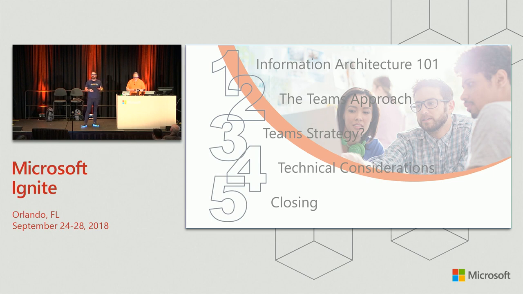So what does it mean when you're working inside of Teams when it comes to information architecture? Because it's sort of sparse. Looking at a team strategy. So now that we know what you can and cannot do inside of Teams, how do we manage that from an information architecture perspective? Some technical considerations, and we'll jump into a demo, and then some closing slides.